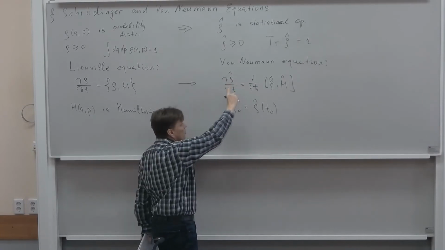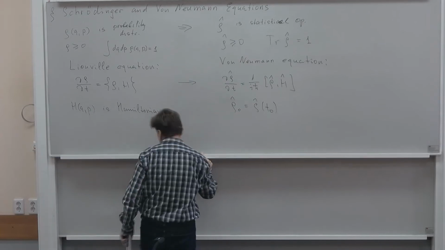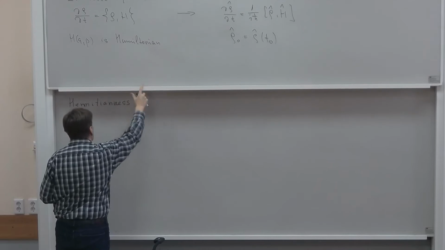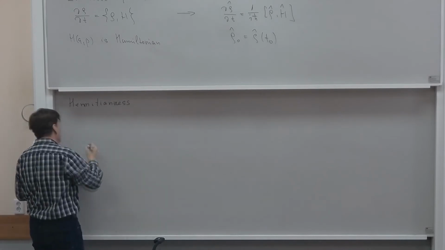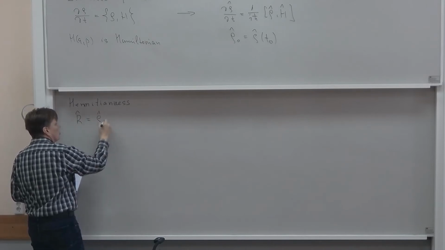We know the initial operator rho naught is Hermitian. To prove this, let me introduce the following operator R as the difference of rho and rho dagger.